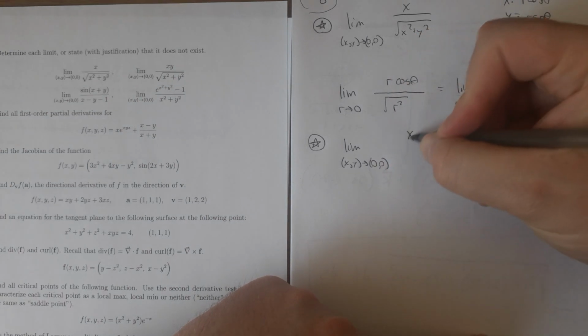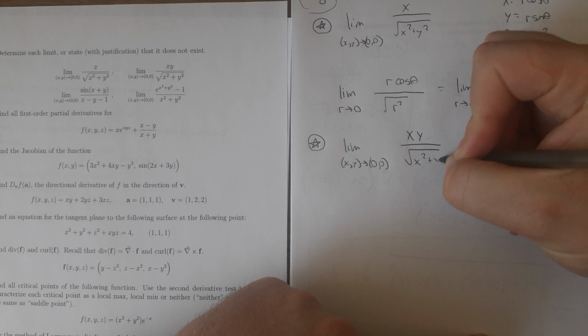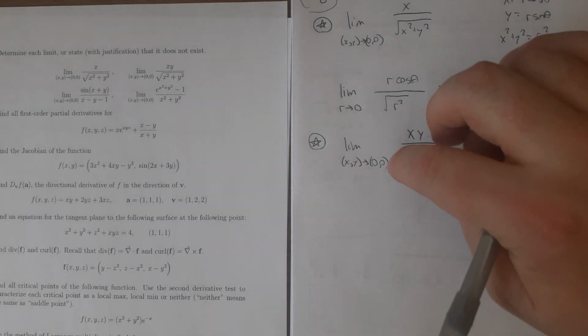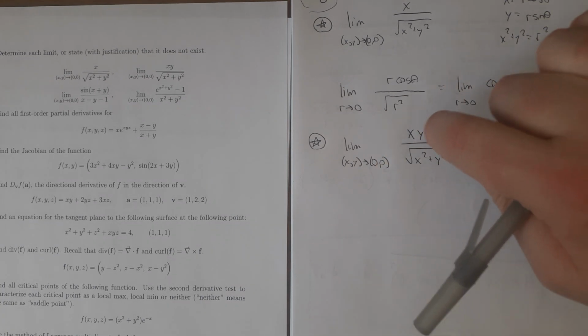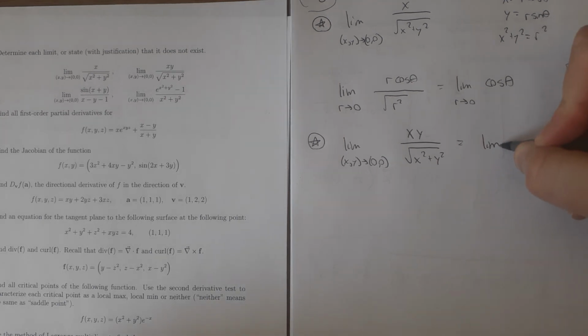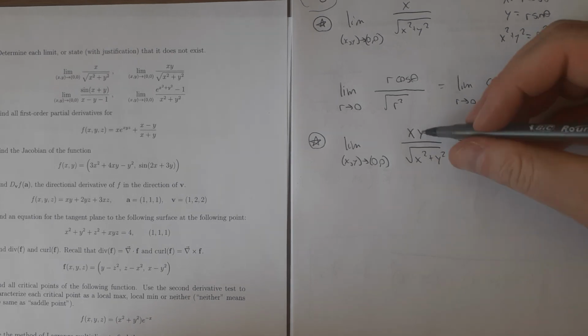This time I have x times y over this. Okay, first things first, let's at least imagine plugging in 0, 0. Clearly I'm going to get 0 on the bottom. I also get 0 on the top. Oh well, we tried. Let's try the next thing, convert to polar. So this is almost exactly like before.